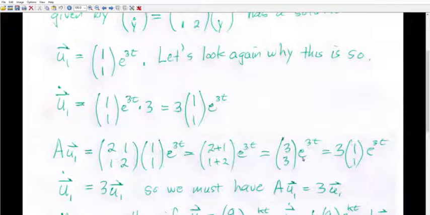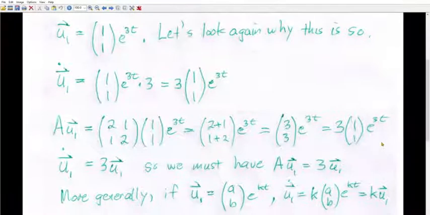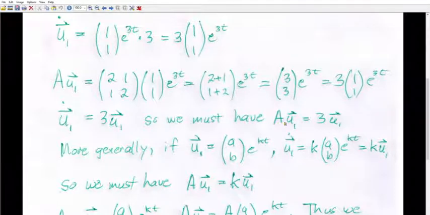We end up with (3, 3) e to the 3t, which you'll notice is 3 (1, 1) e to the 3t. And what we can see up at the top here is that u1 dot is actually 3 times u1. That's what happened when we multiplied u1 by A: we ended up with 3u1.